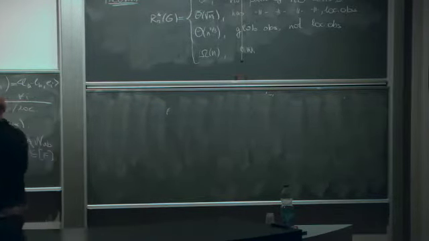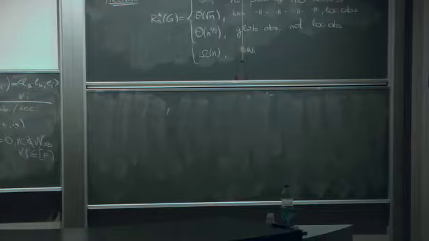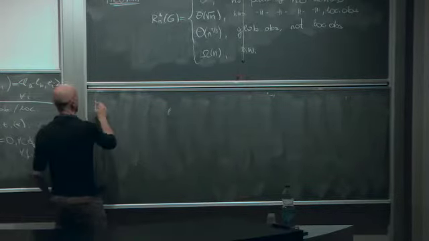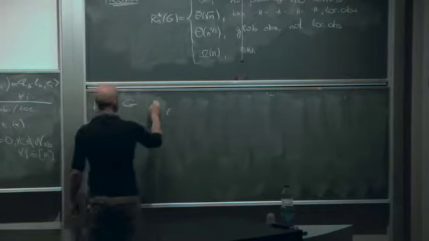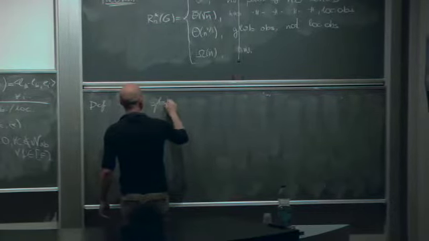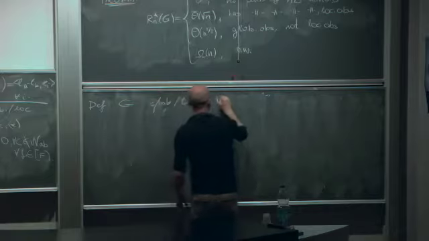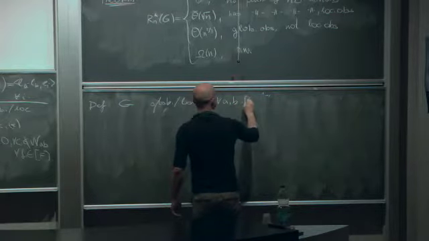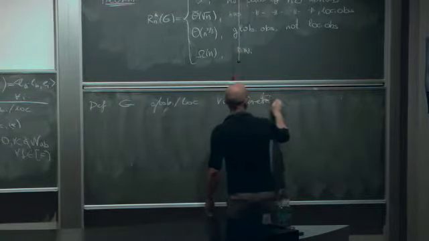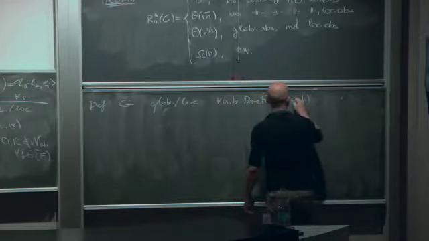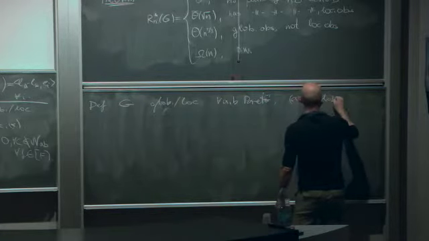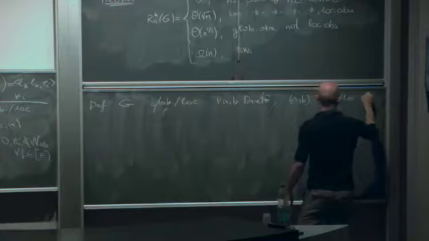Okay, then a game G is going to be called globally or locally observable if it's true that for all A, B Pareto optimal, the pair AB is globally or locally observable.